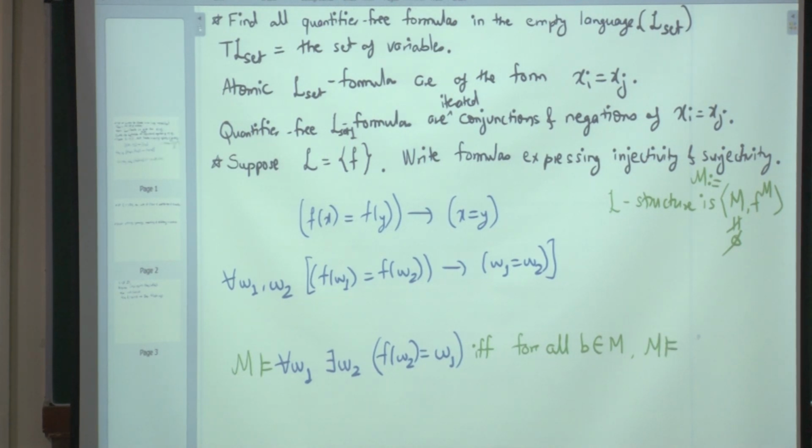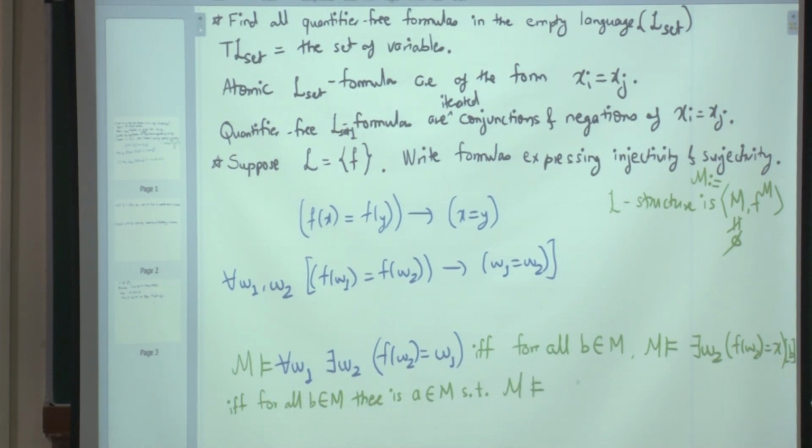M satisfies there exists W2 such that f of W2 equal to W1, so I should replace it with x, and this whole thing is evaluated at B. This will be interpreted as: if and only if for all B in M, there is A in M such that M satisfies f of y equal to x.